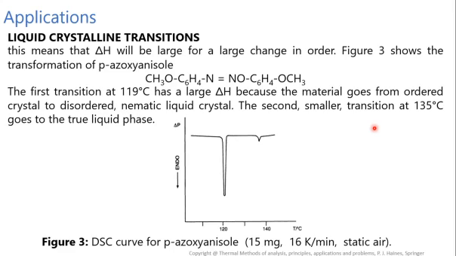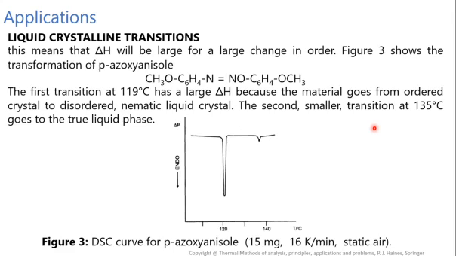The first transition takes place at 119 degrees Celsius and has a large delta H because the material goes from an ordered crystal to a disordered crystal, and hence a nematic liquid crystal is formed.